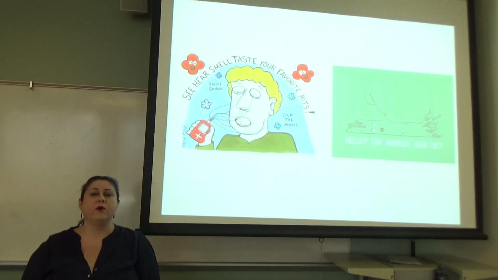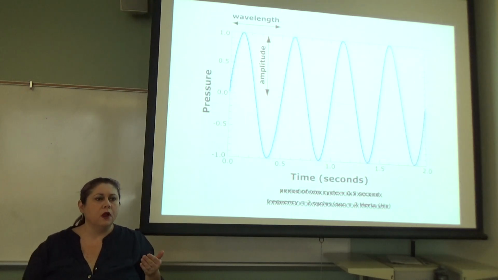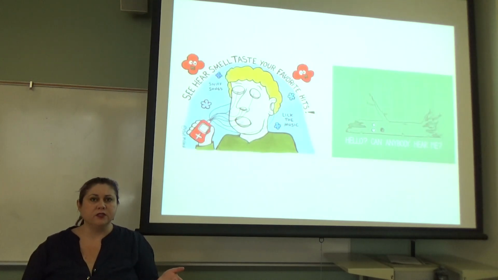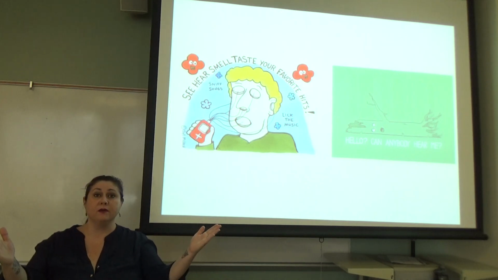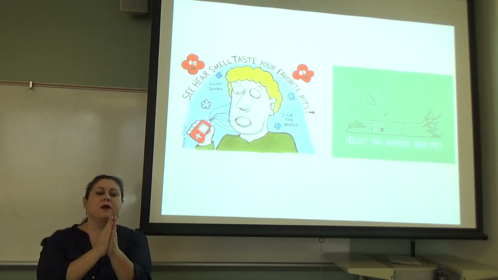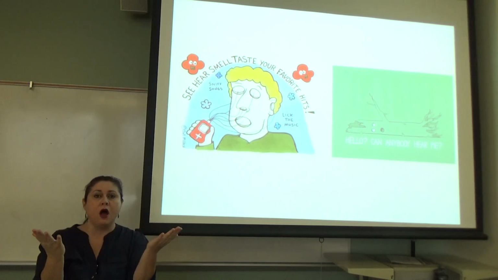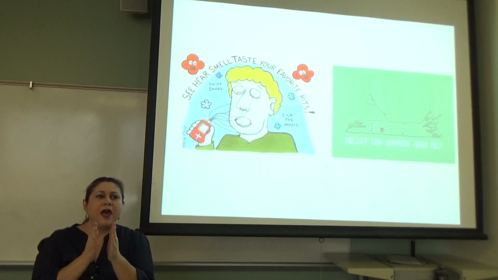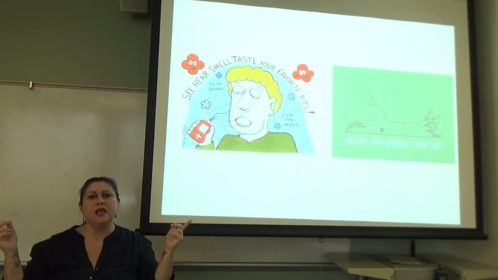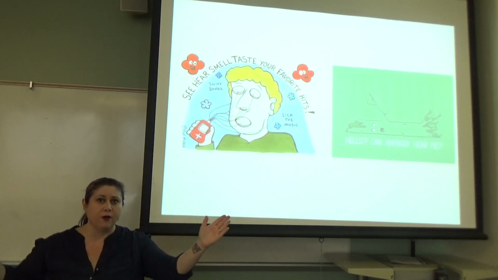So what are sound waves? Sound waves are created when objects interact in the environment, maybe like your two hands coming together and clapping. When these objects interact in the environment, it creates energy that comes off of that interaction. That energy vibrates the air molecules going out from it.